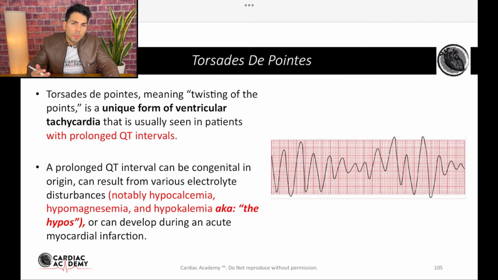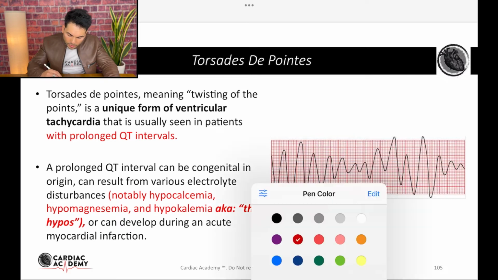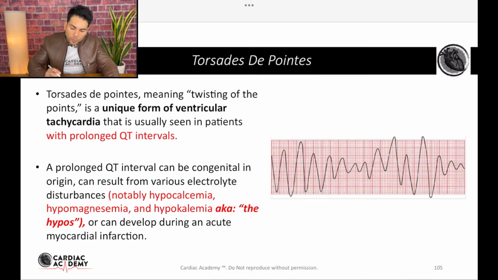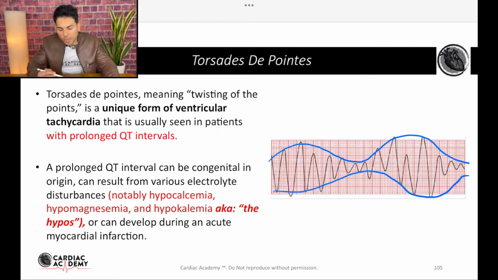And the last example of ventricular arrhythmia is torsades, okay? So torsades is very unique in the sense that you're gonna see how it almost has a bow-shaped look. Torsades means torsion, torsion of the points. So that's why it kind of looks like a bow.